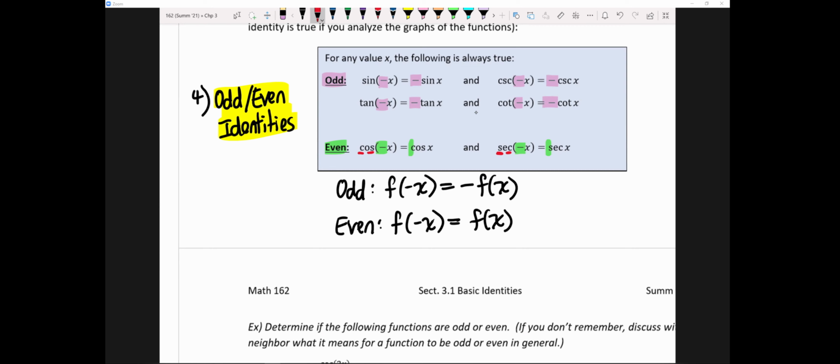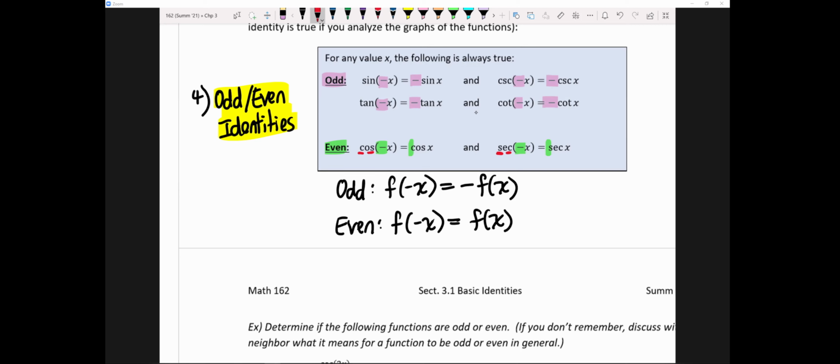So sine, cosecant, tangent, cotangent are odd functions. Cosine and secant are even functions. Thus, sine, cosecant, tangent, cotangent graphs are symmetric about the origin. Cosine and secant graphs are symmetric about the y-axis.